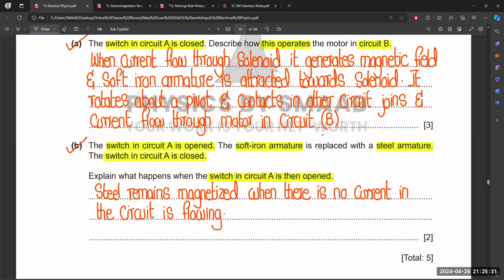So it remains magnetized permanently even when there is no current moving through the circuit.